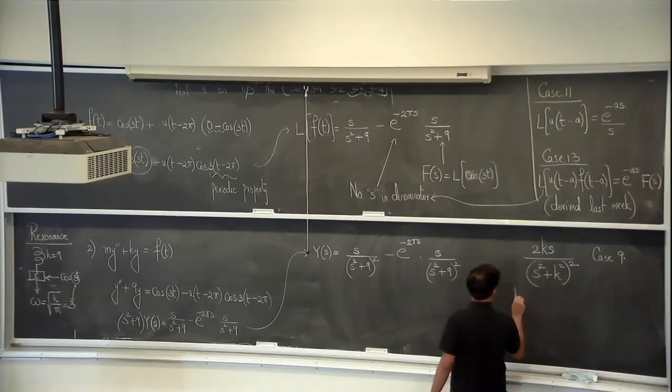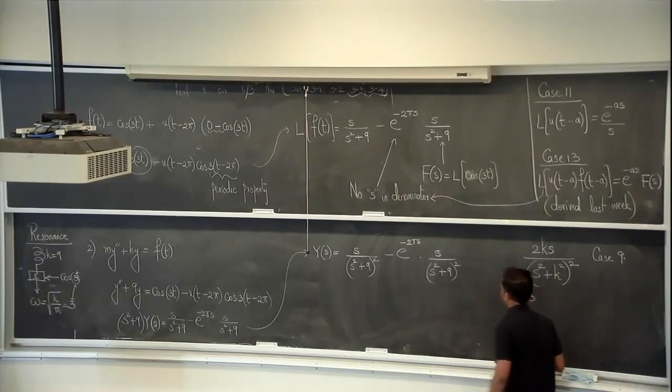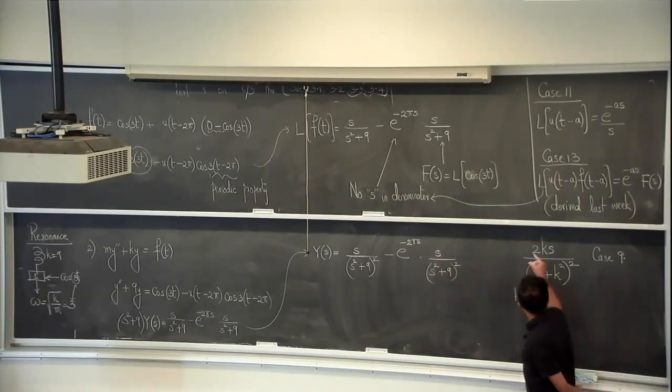There is nothing here, so you have to somehow create a 2k. So 2k is 6.